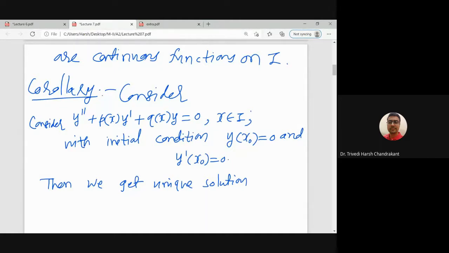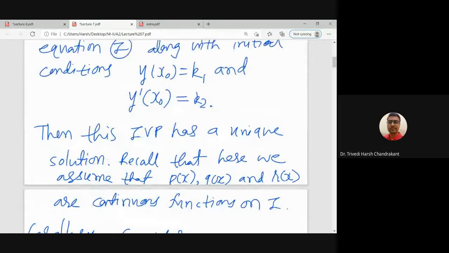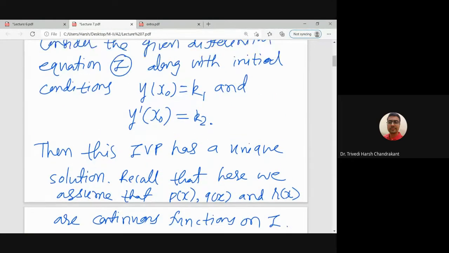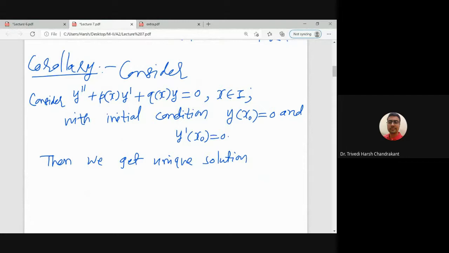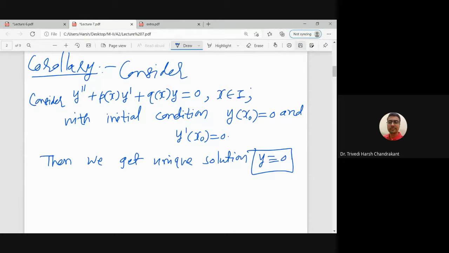So that means the solution is unique, and since the equation is homogeneous, the solution will be y identically 0. This we are going to use in certain computations in terms of the Wronskian, so that we can identify whether the given solutions are linearly independent or dependent.